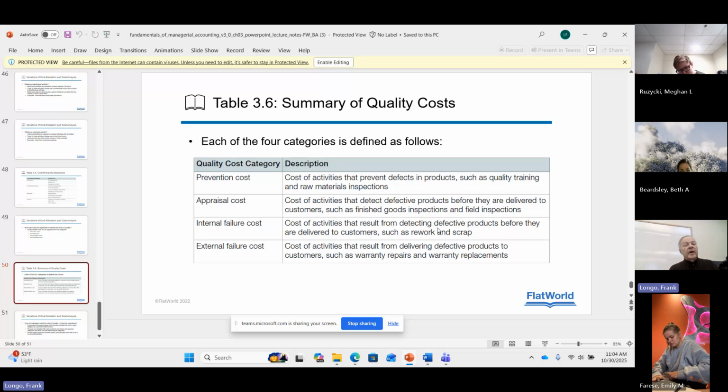What they're looking for there is an internal failure, and there's a cost associated with that. This is a cost of activities from defective products, again, before they get delivered.